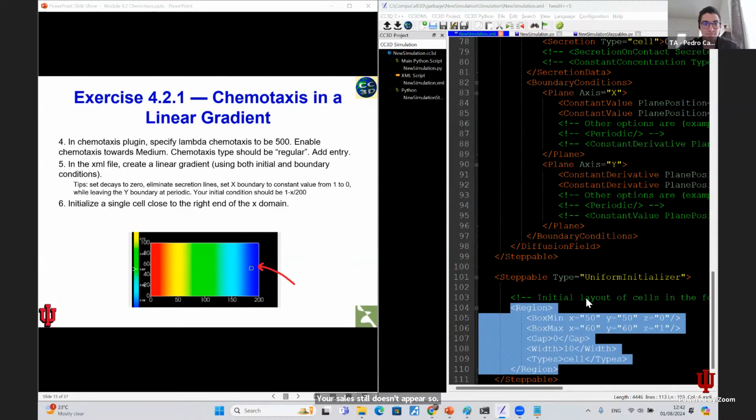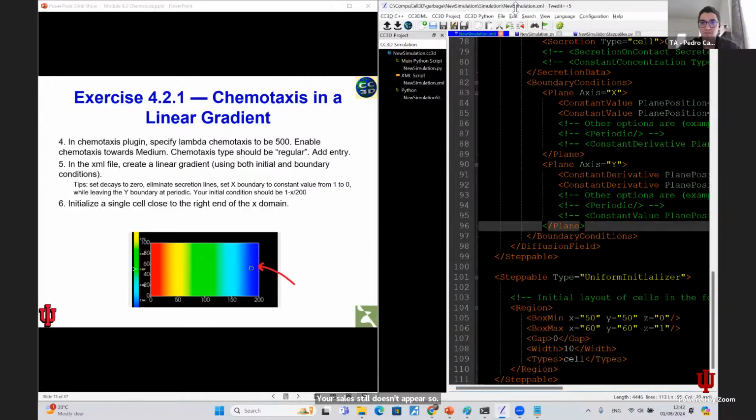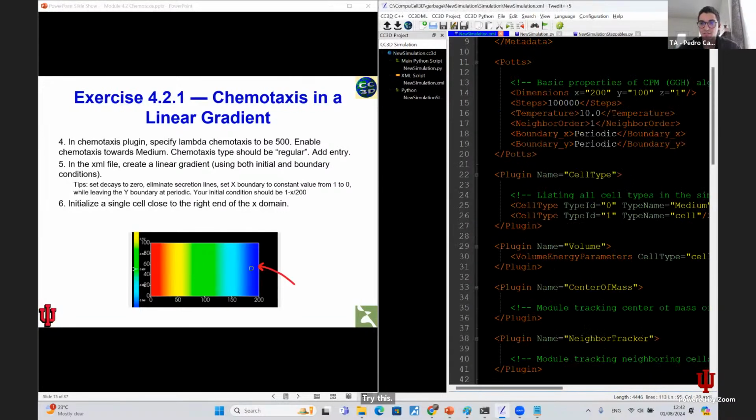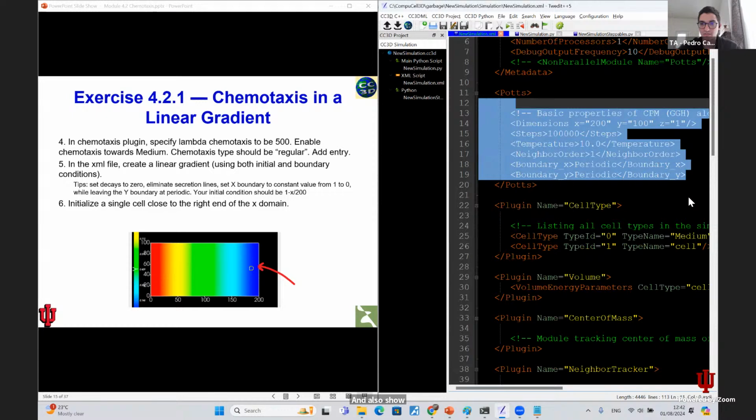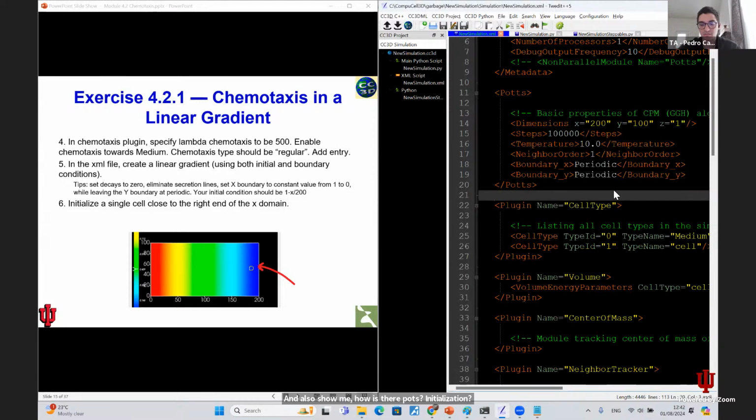Try this. And also show me how is your Potts initialization, this section right here. Show me how this is. I will launch the poll again. Let's see how you guys are doing.